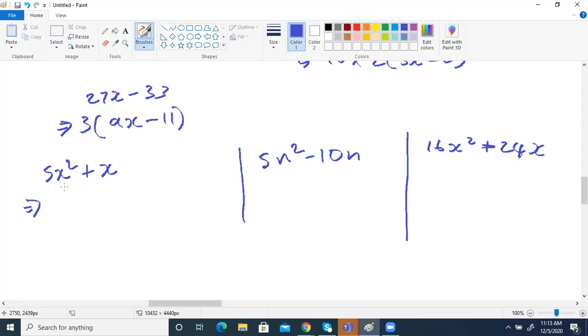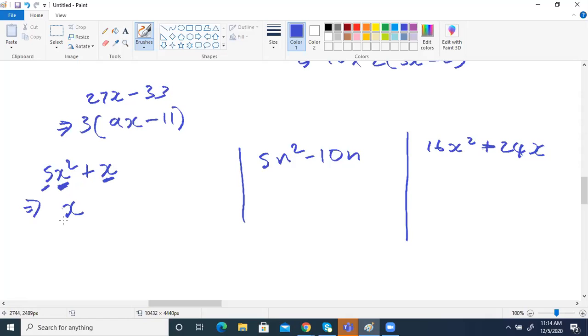When you look at the numbers, you can think of it as 5, and you think of this as 1x. So then that's a 1, but you're not going to put it in. Now what about x squared and x? What would be common? Just x.